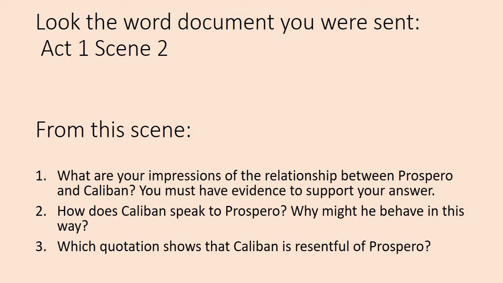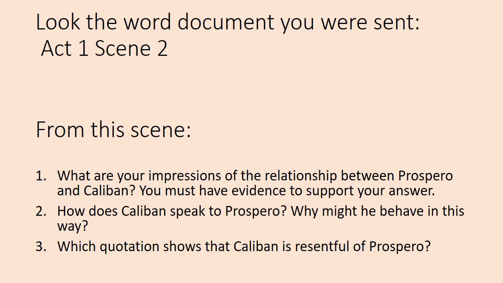So, I want you to read all of the scene that I've sent you in order to answer this and think about it. How do they speak to each other? How do they appear to behave to each other? What do you think their feelings, their thoughts and their emotions are towards each other? What does that suggest about their relationship? Then you're going to pick 1 or 2 quotes to support that. So you have to think about what quotes best link to what you've said about what they think and feel about each other.